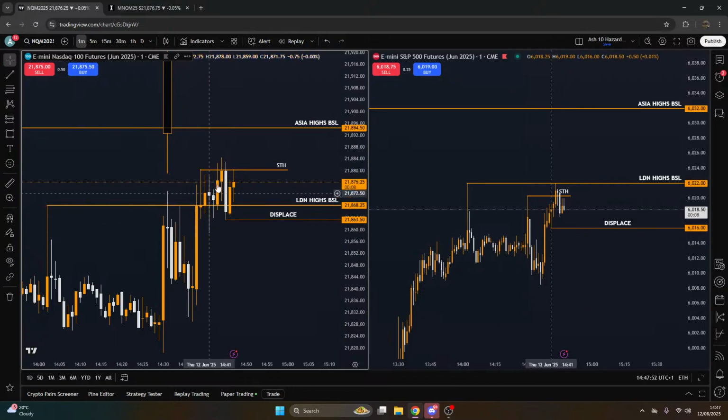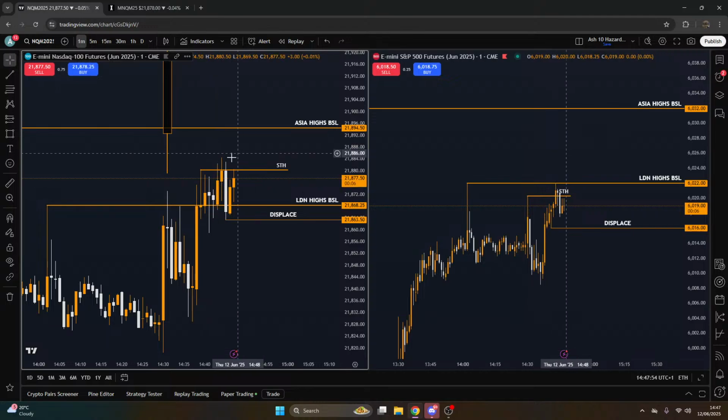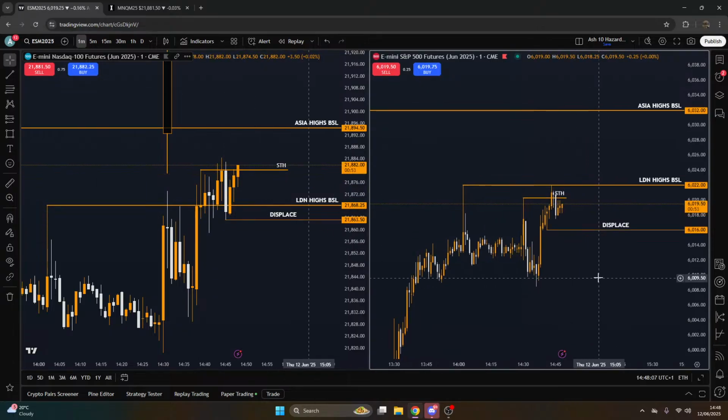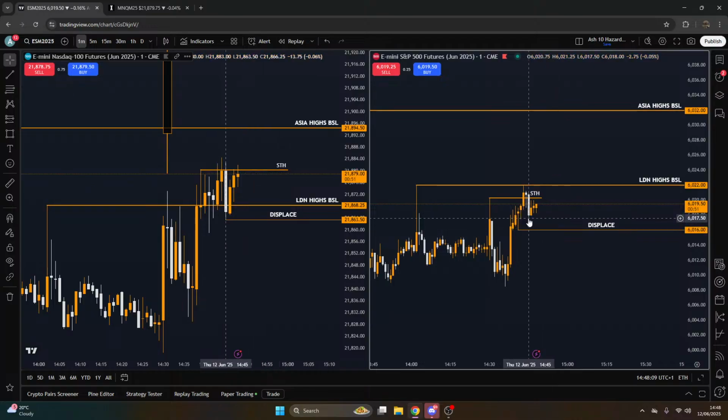What price is doing right now is it's currently creating structure, so it's building structure around this point of liquidity. And how we'll do that is we'll just move higher, move lower, move higher, move lower, and eventually you'll see one energetic candle come through this short-term low, which is where we would want to see our displacement.